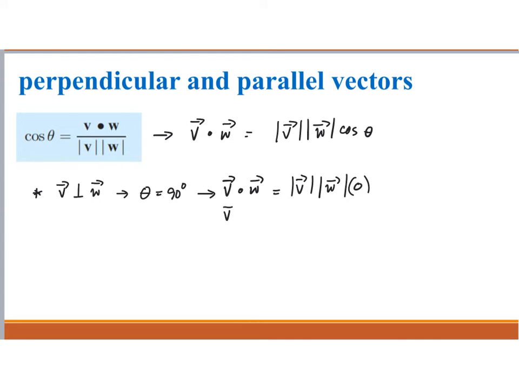So that means V dot W is equal to 0. This is a handy thing to remember for perpendicular vectors: when vectors are perpendicular, then the dot product of the vectors is equal to 0.